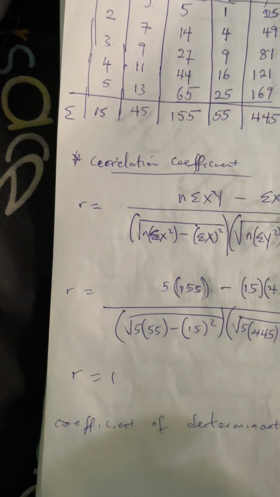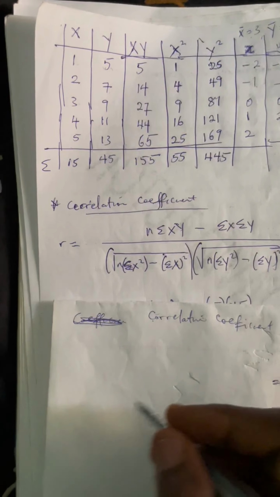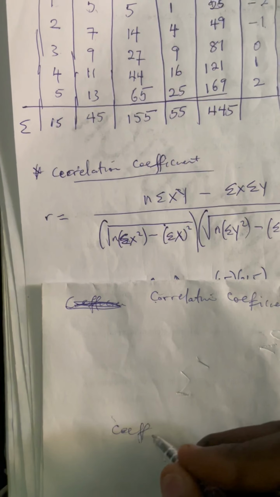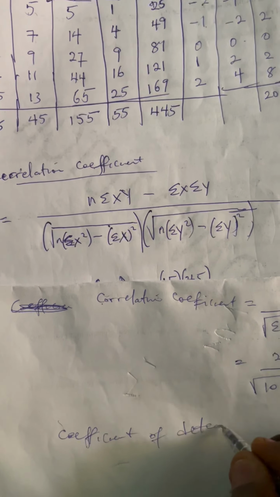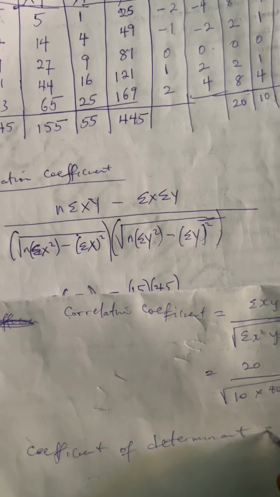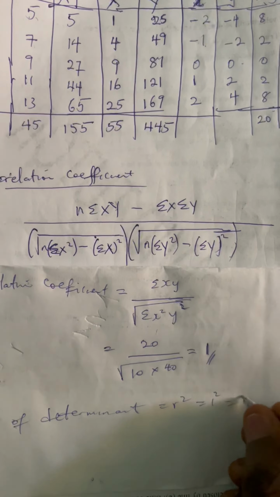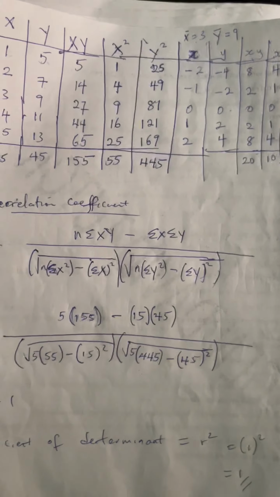And what we got here as well is 1 for the correlation coefficient of the uppercase. At the same time, the coefficient of determination, which is r squared, is 1 squared, which is 1. So that's how to do that.